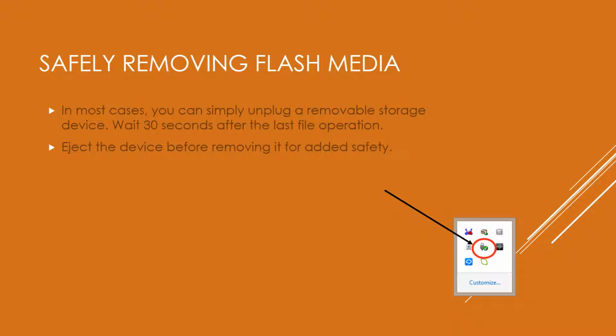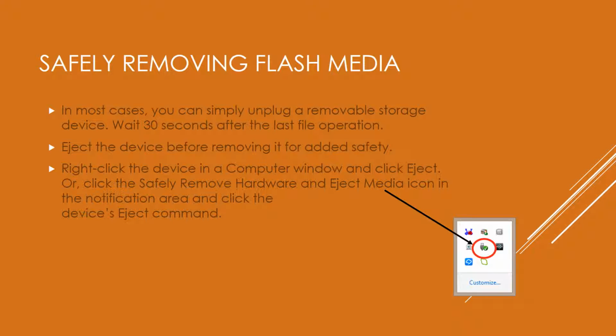To be safe, instead of just taking the flash drive out, I should actually eject the device before removing it. That way I know that the program has finished its operation, and then when I open up that file again, it's all going to be there.